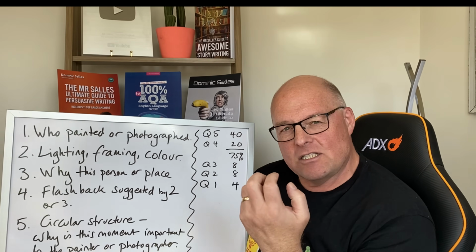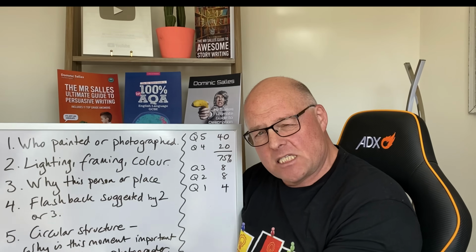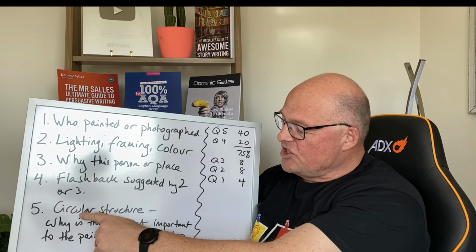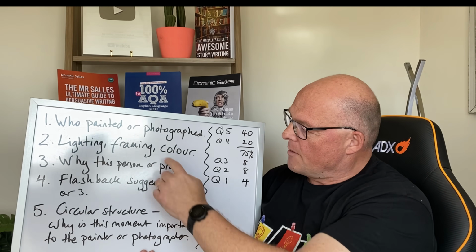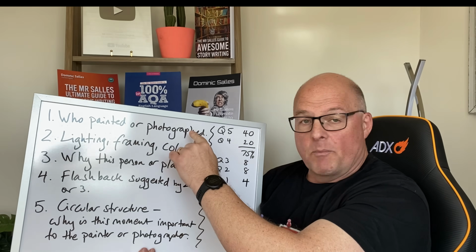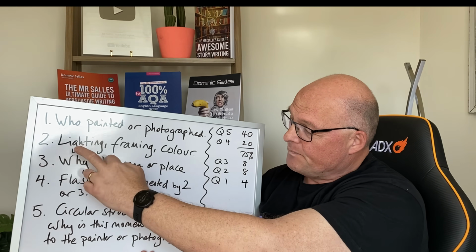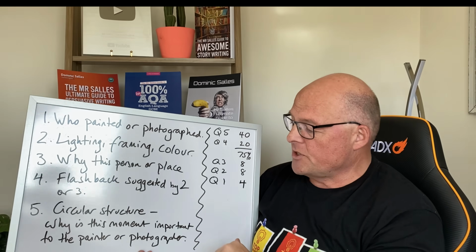It is a doddle. Then we come to number 5, another aspect of structure which is going to jump you up the mark scheme. It's easy to get a circular structure. How? Well, you just go back to the beginning again, our persona, and you're going to say why this moment in particular, the one that's in the picture, is important to this persona.